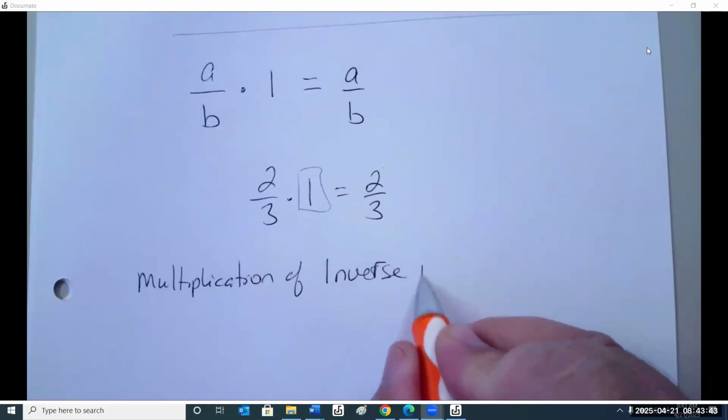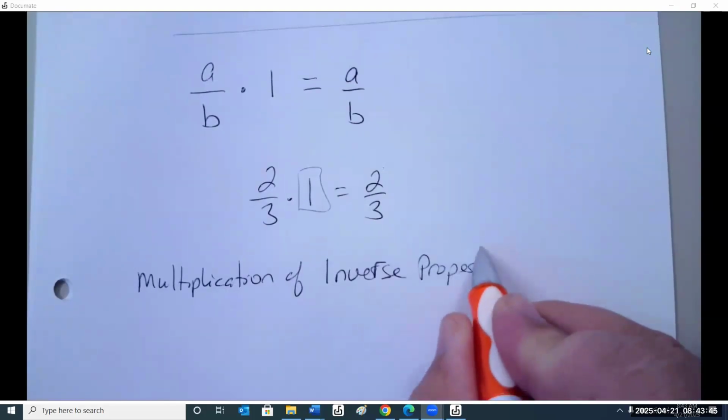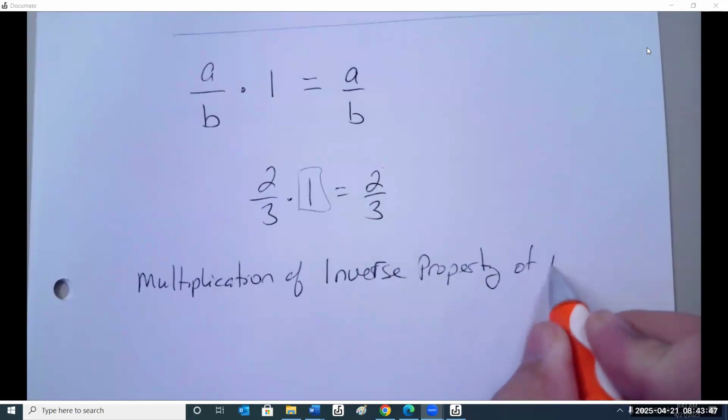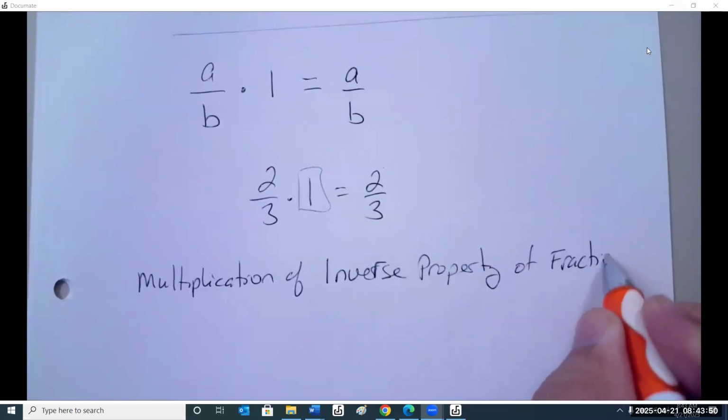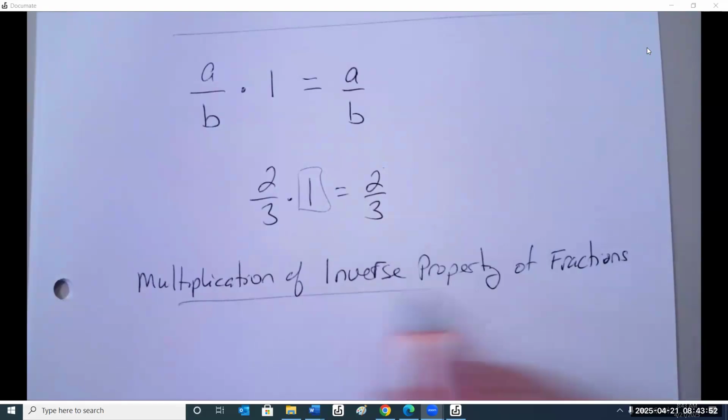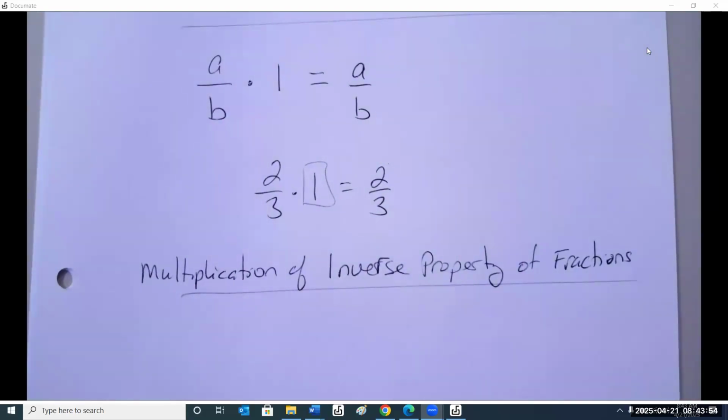Multiplication of inverse property of fractions. What is an inverse?